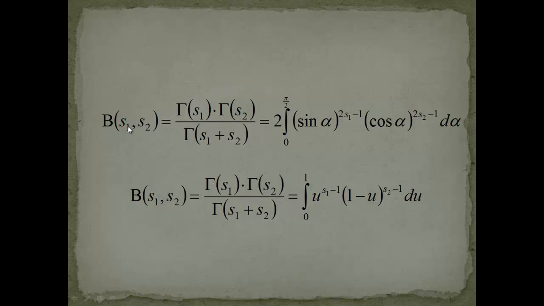Euler defined these 2 integrals as the beta function for s1, s2, and you see the one is using only u's and the other is with sinus function, and here you see the other relationship to them. So instead of working with the beta function, you could always use the gamma function instead, if you are better on that.